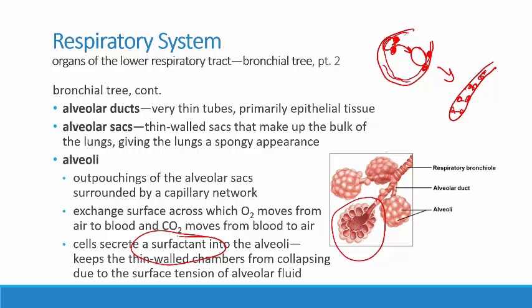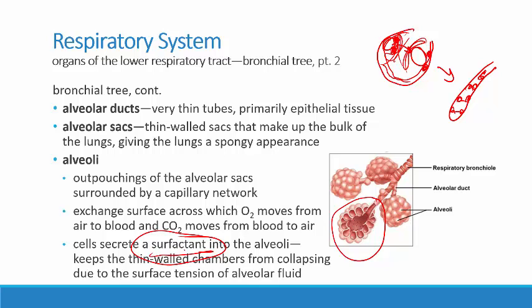These are materials that help to break up that surface tension. They get in there and wrap around a water molecule so that the water molecules can't be attracted to each other, and it prevents this collapse from happening. So thanks to surfactant, we don't see the alveoli collapse.